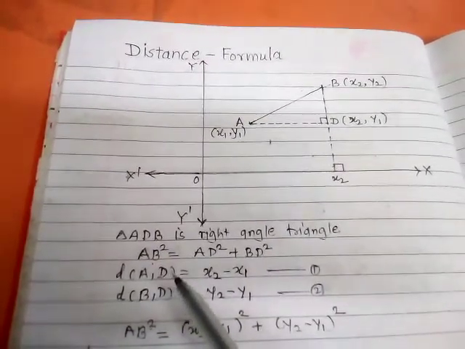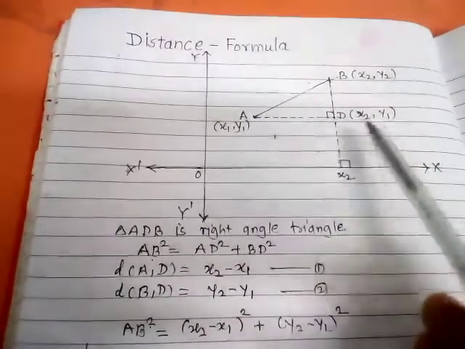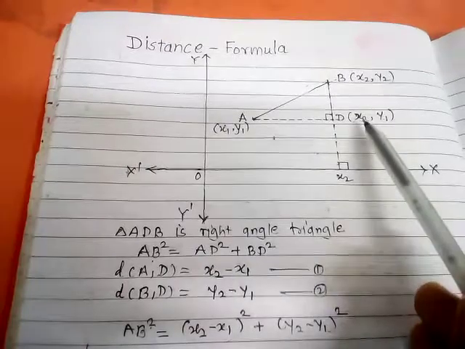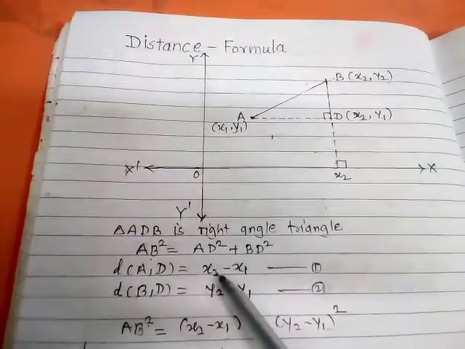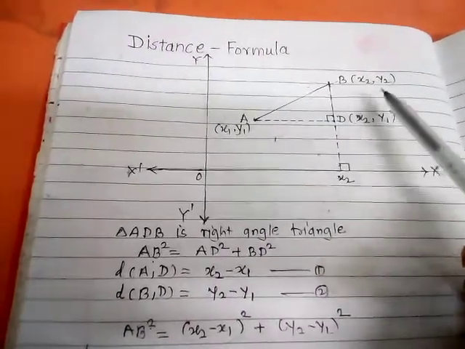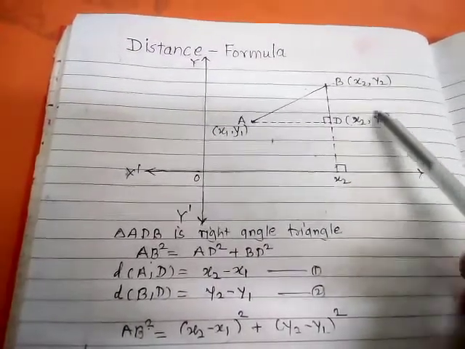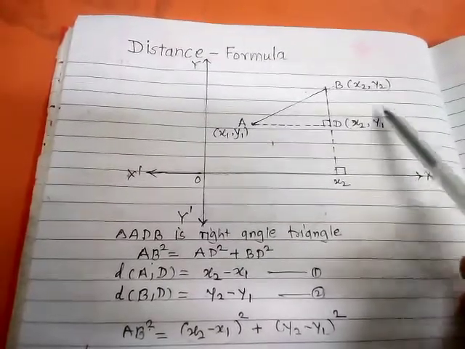The distance AD: A and D have the y coordinates y1, y1, which are the same. Therefore, we take the difference x2 minus x1. Distance AD is equal to x2 minus x1. Second, considering BD: x2, y2 and x2, y1. The x2, x2 are the same, so we take the difference between y2 and y1.